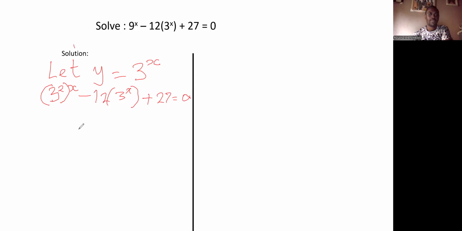What do we do from here? This one can be written as 3 raised to the power of x, then all raised to the power of 2, minus 12 into 3 raised to the power of x plus 27 is equal to 0.